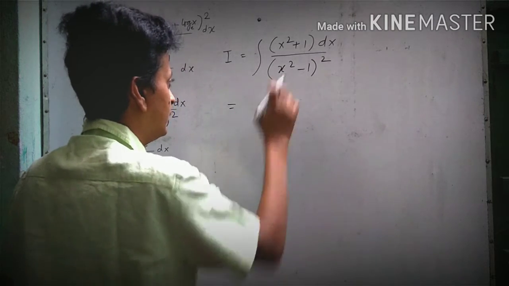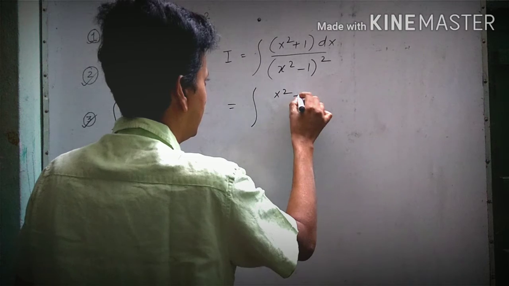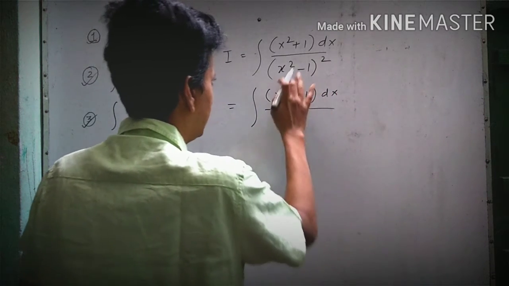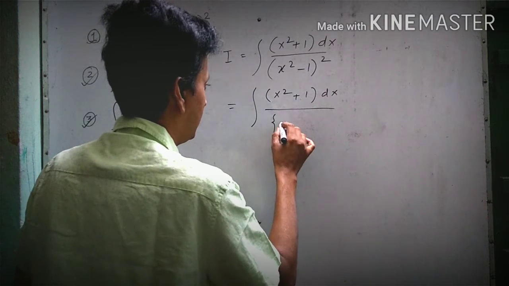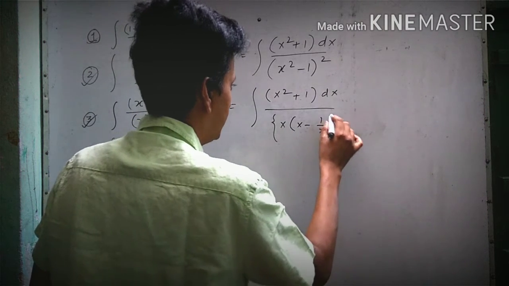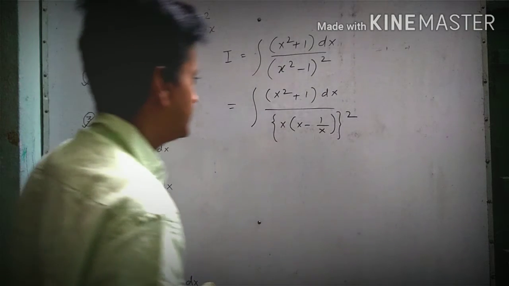Now this term we can write as, the above term will be same, and this term we can write as x into (x minus 1 by x) upon whole square.